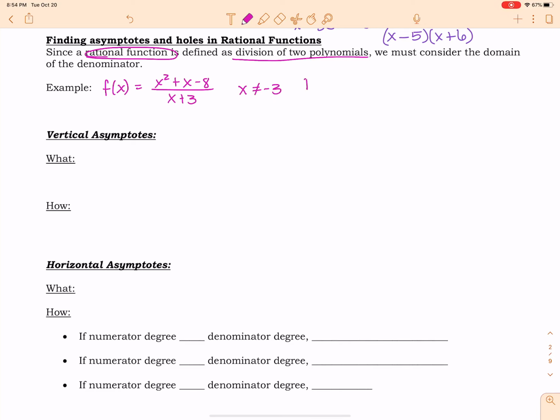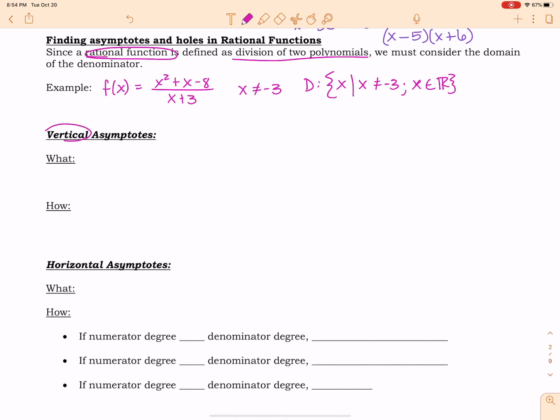So our domain restrictions need to be written like this: all of x such that x cannot be equal to negative 3, and this little symbol here just means that x is a set of real numbers. That's how I'm going to write my domain.